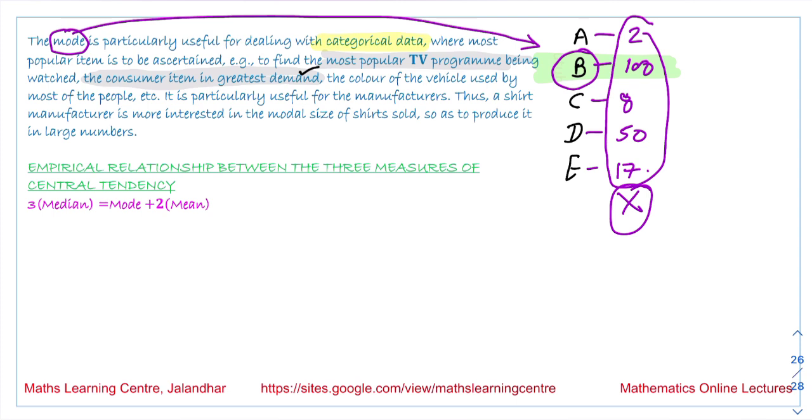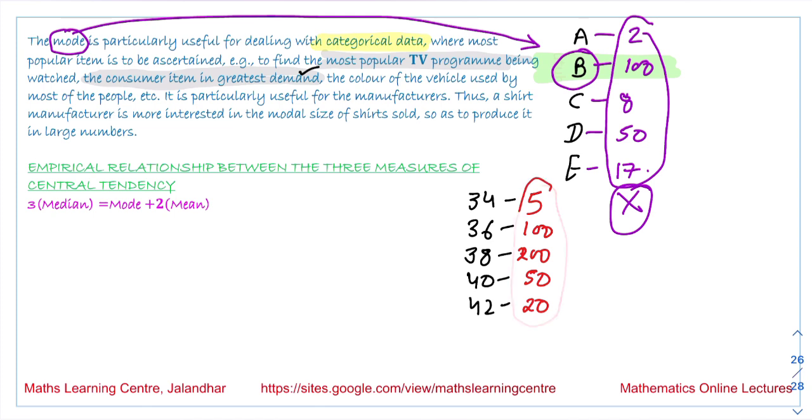Similarly, suppose a factory has to manufacture shirts. The sizes of the shirts are, say, 34, 36, 38, 40, 42, and these are the demands: 5, 100, 200, 50, and 20.